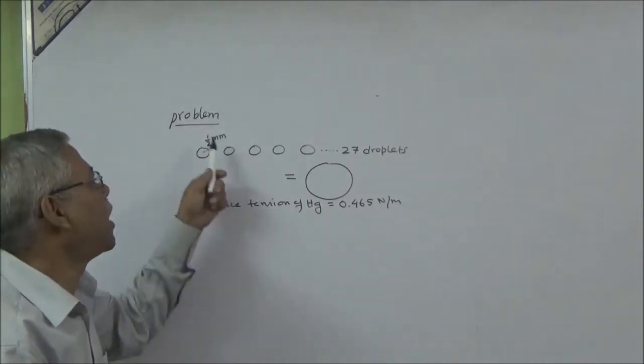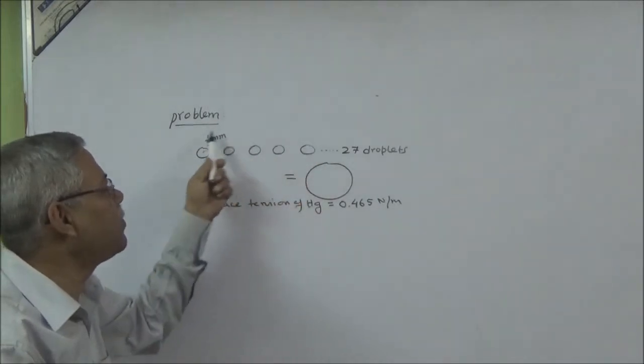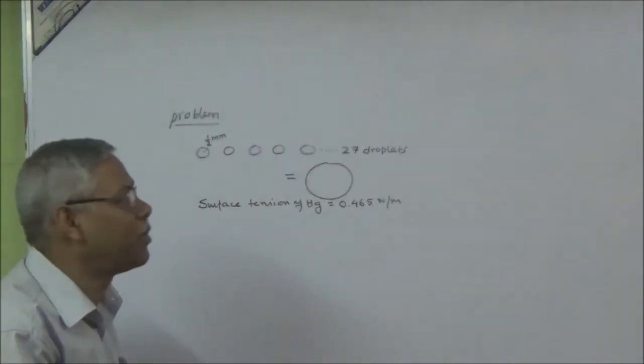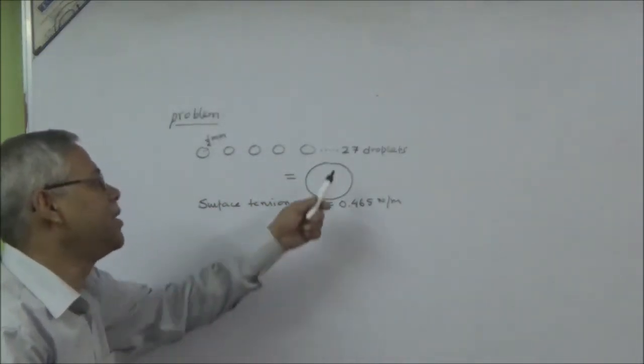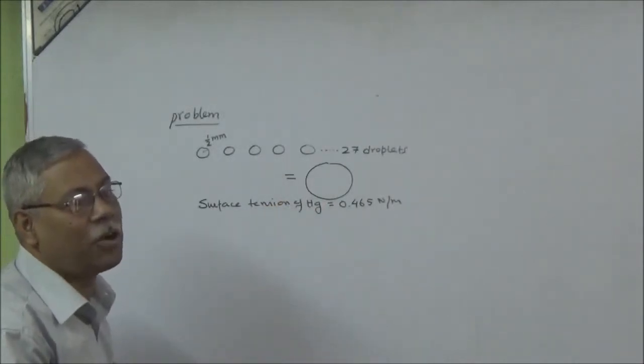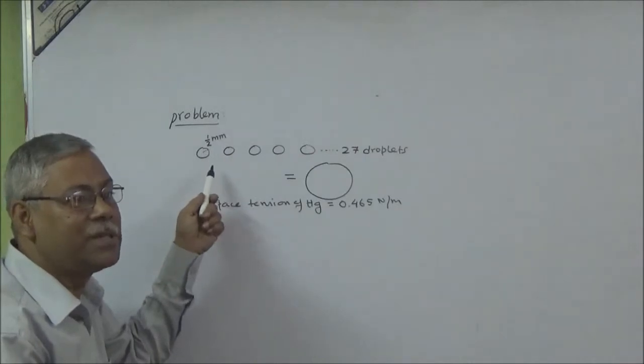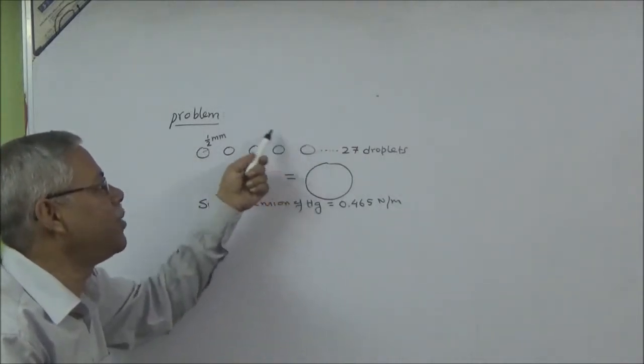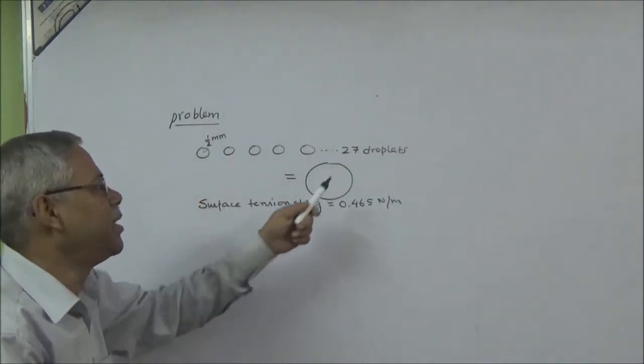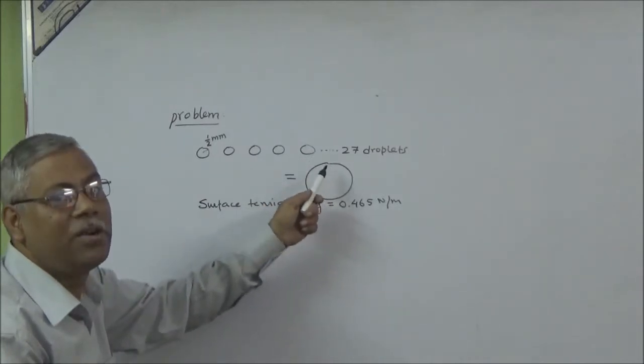So the total surface area of these 27 droplets is greater than the surface area of this single drop. So that means total surface energy is also greater. Total surface energy of these 27 droplets is greater than the surface energy of this single drop.